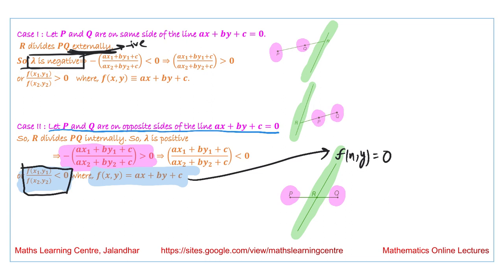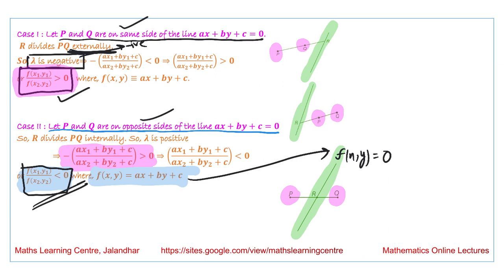It means that the ratio of these two values, f of x1 y1 divided by f of x2 y2, should be positive. So these are the two conditions that we have. P and Q are on the same side of this line if this ratio is positive, and P and Q are on the opposite sides of this line if this ratio is negative. So these are the required conditions.